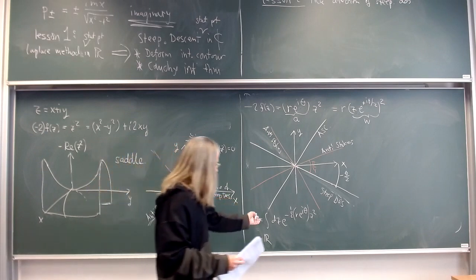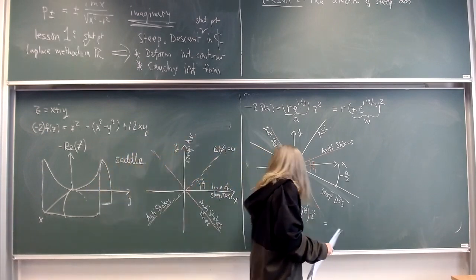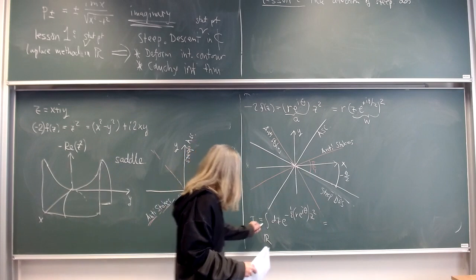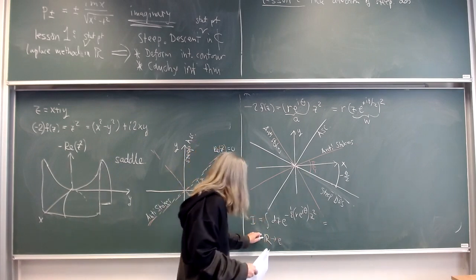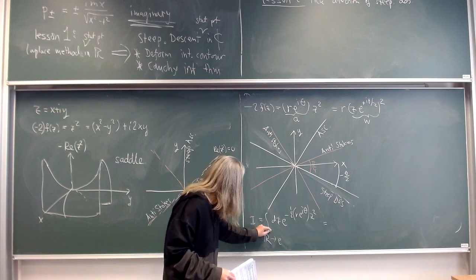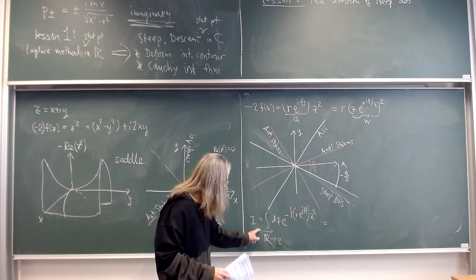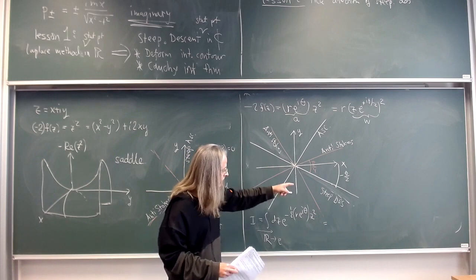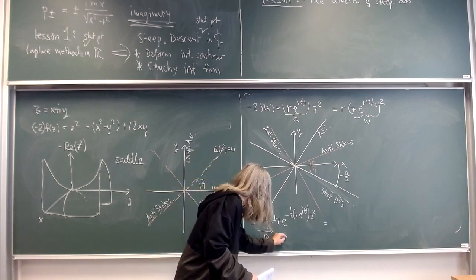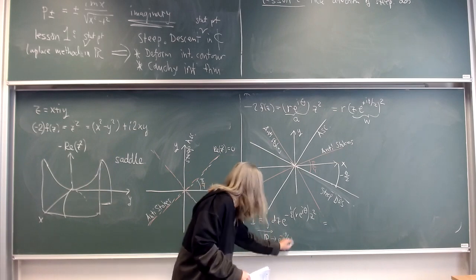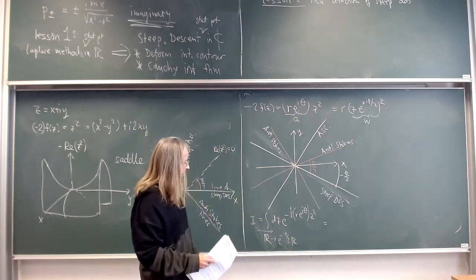A toy version of that, and the point is now that we're going to rotate this, so we are integrating along the real axis. So instead of integrating along the real axis, we're going to integrate along e to the minus i theta half times the real axis.